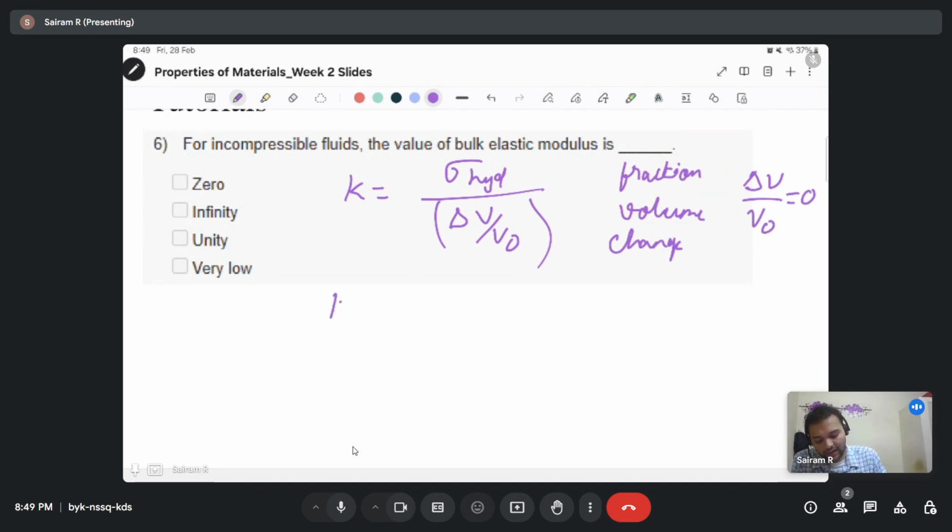Any value that is n by 0 is considered to be infinity, right? So when we have an incompressible fluid, the value of elastic modulus is infinity.